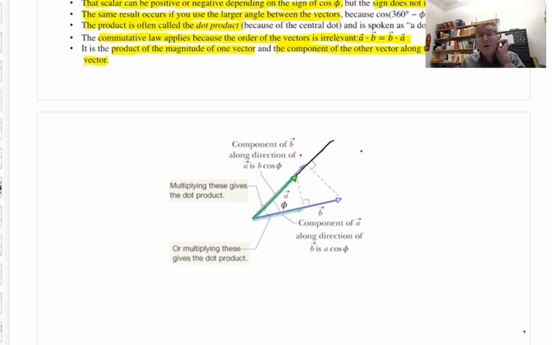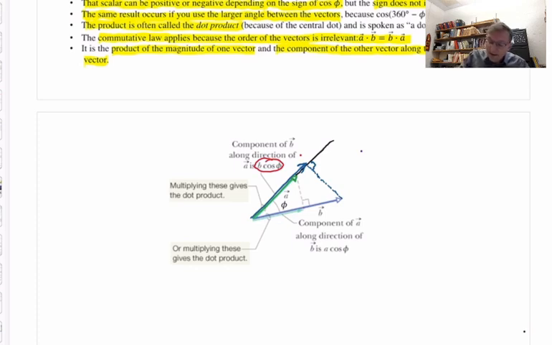And then to get the component of B along the direction of A, we drop a perpendicular from the tip of B to along the direction of A. That's that. See the right angle symbol? And the component of B along the direction of A is that component of B right there, which is just B cosine phi from the picture.